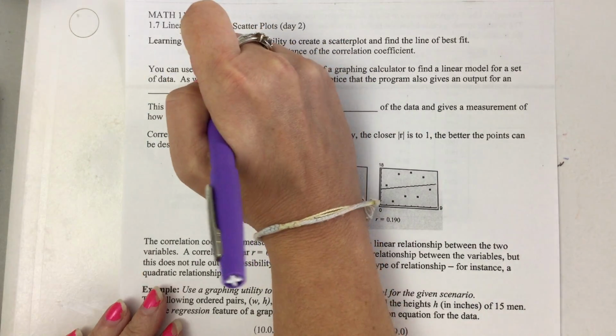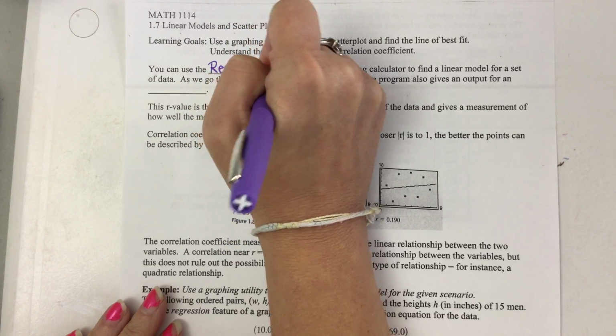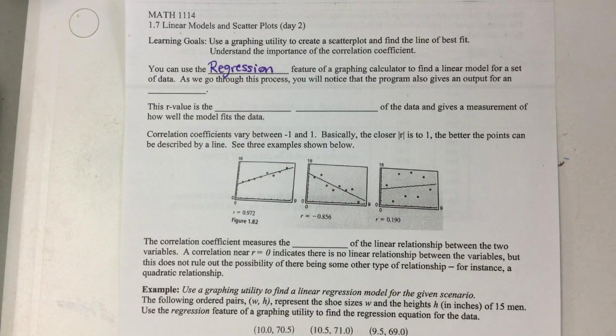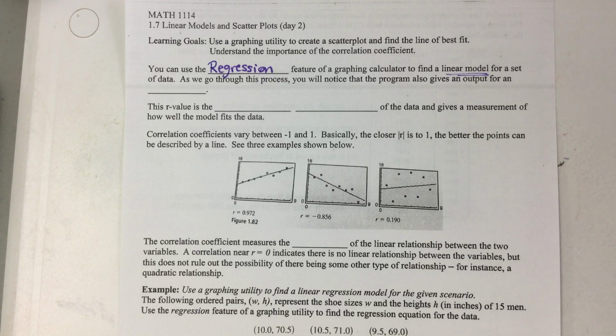All right, we are looking at college algebra, finishing up chapter 1, section 7. You can use what is called the regression feature of a graphing calculator, and for us we are going to use Desmos.com, but it will help you to find a linear model for a set of data. Yesterday, remember, we graphed scatter plots by hand. Then you created a line of fit.